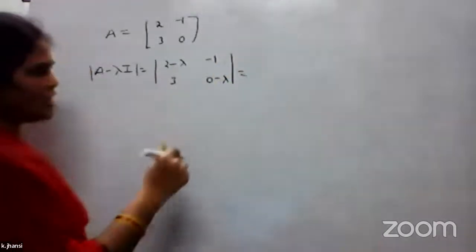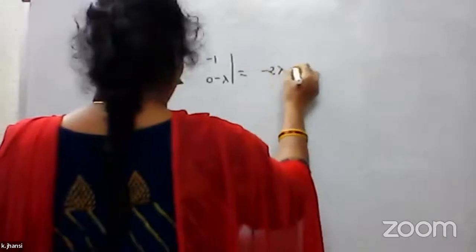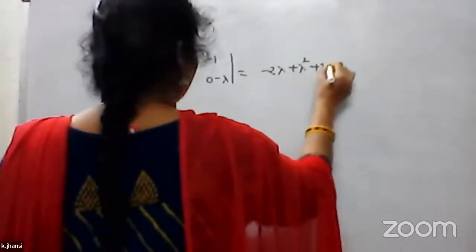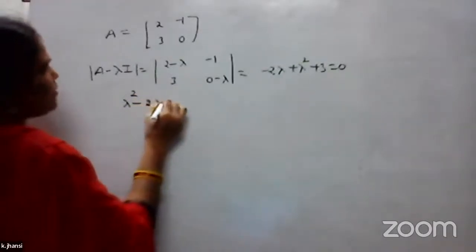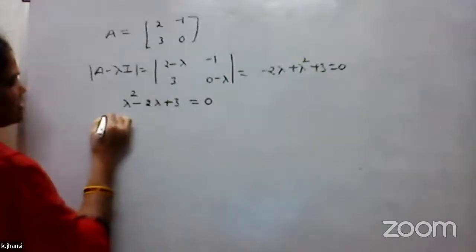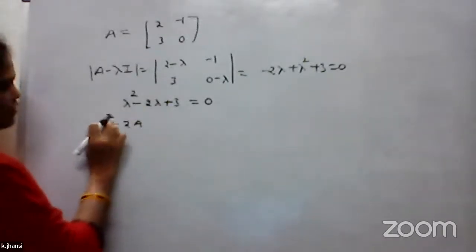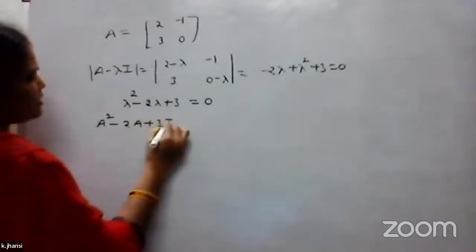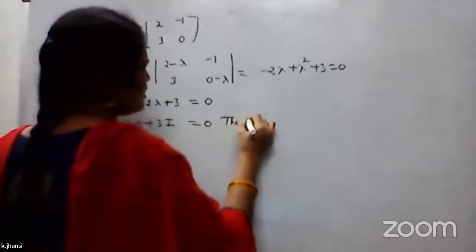When you simplify this, you will get minus 2 lambda plus lambda square plus 3 equals to 0. That is lambda square minus 2 lambda plus 3 equals to 0. The characteristic equation is lambda square minus 2 lambda plus 3. In place of lambda, you have to substitute A. So A square minus 2A plus 3I equals to 0. This is the characteristic equation.